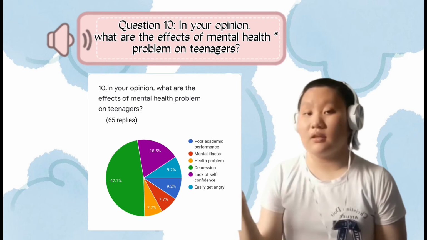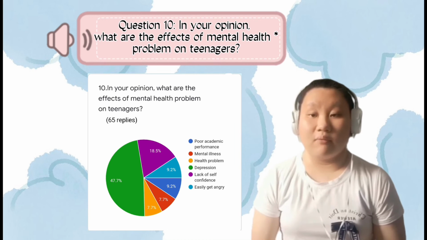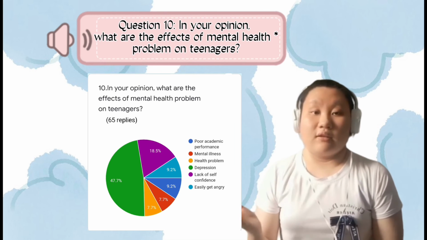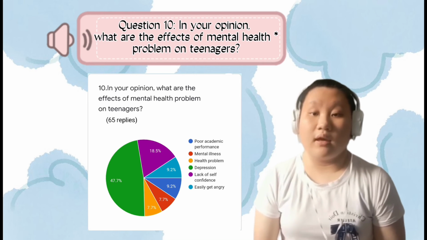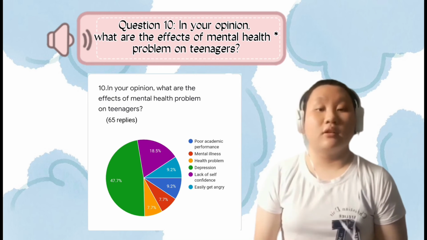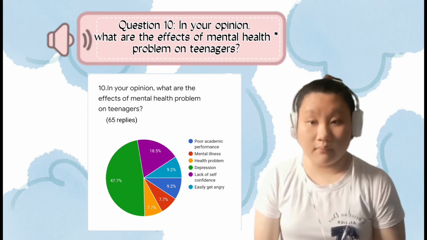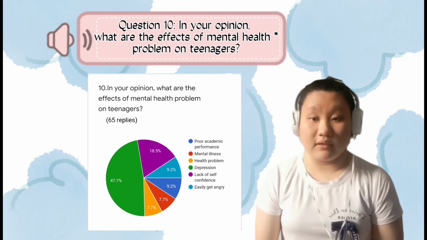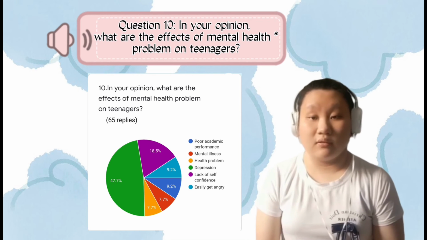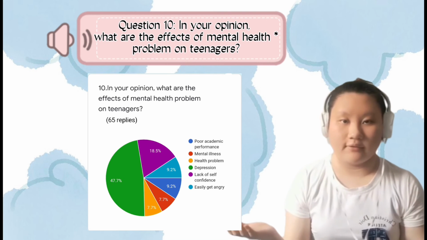The largest segment in the chart is depression, answered by 47.7% of total respondents, and the smallest segments are mental illness and health problem, chosen by 7.7% of respondents each. This is all of the explanation about the graphs and charts.